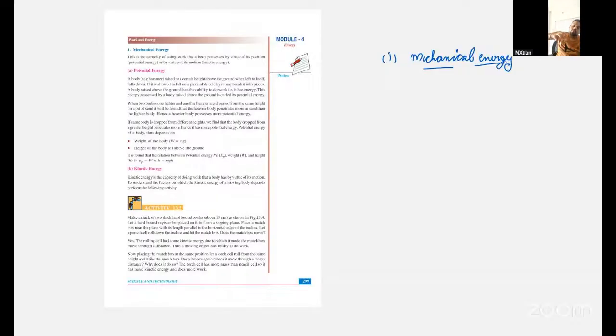If I take it to a higher position, it will also fall. If I go to the top of a building and let it fall, it will break. So if it is breaking, it means it must have some energy. That's why it's breaking.